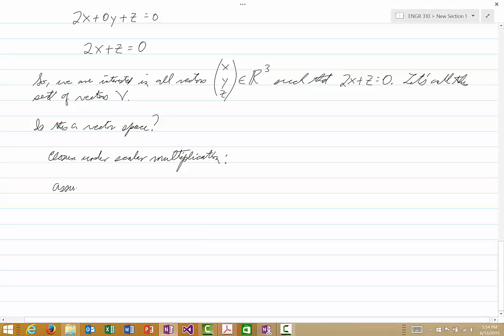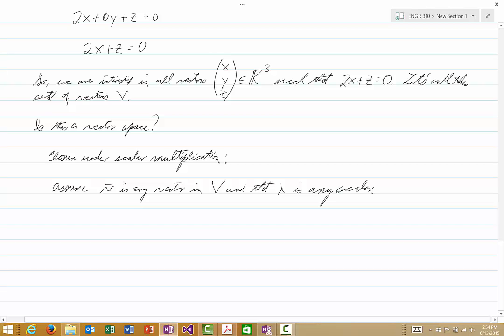We will assume that little v is any vector in that set capital V. We are also going to assume that lambda is any scalar.